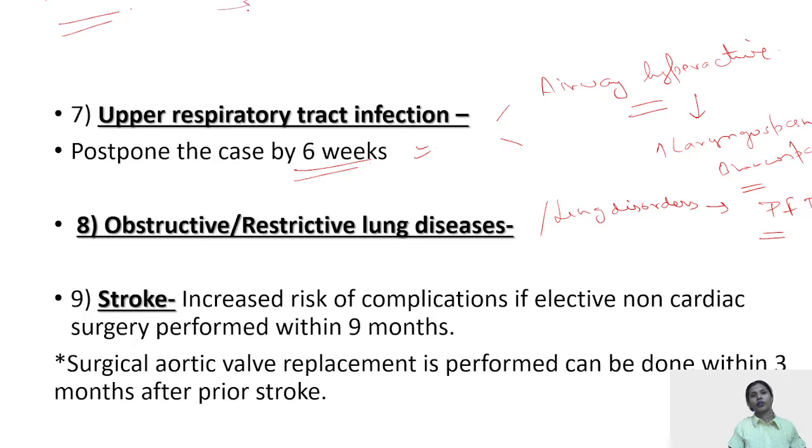This becomes very important because this is very specific. If the question states that the case has been posted for thoracotomies or pneumonectomy, that is a lung part has to be resected, then which investigation is very, very important?